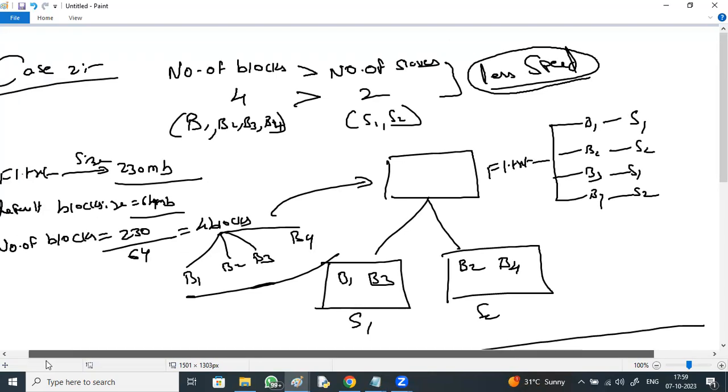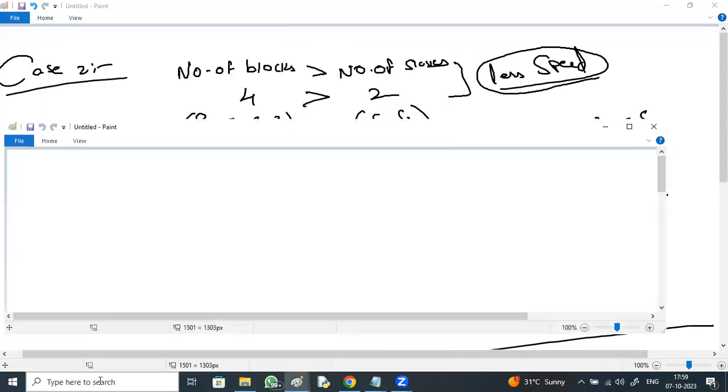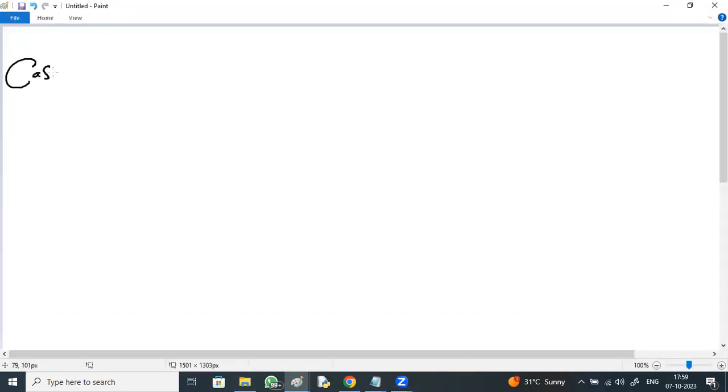Okay. Next, observe example 3, case 3. If you observe this case 3, it has more blocks and only one slave.